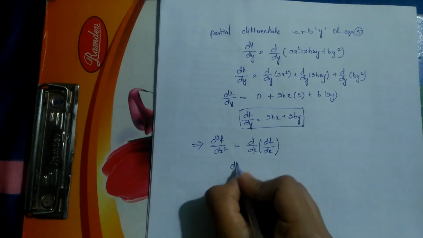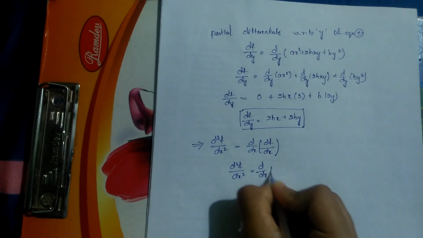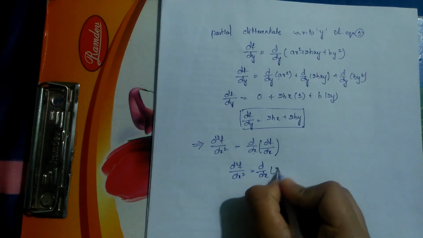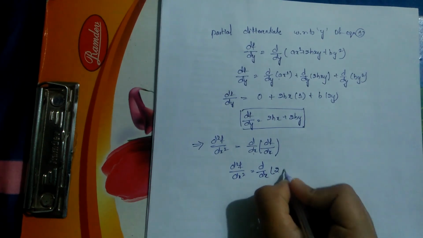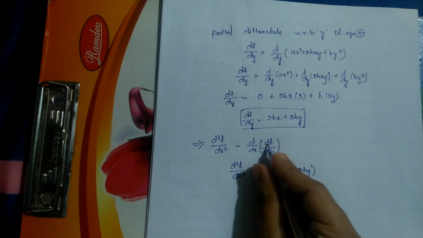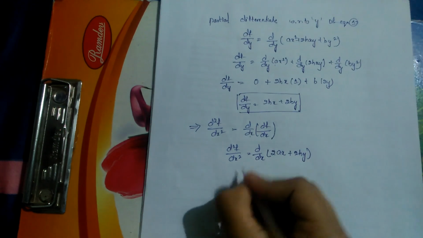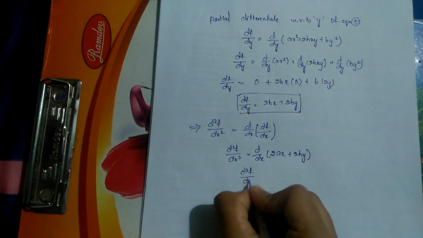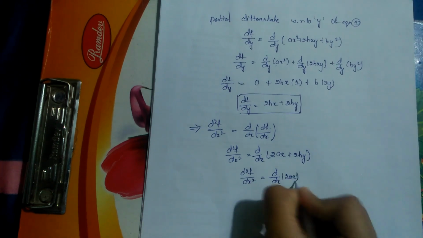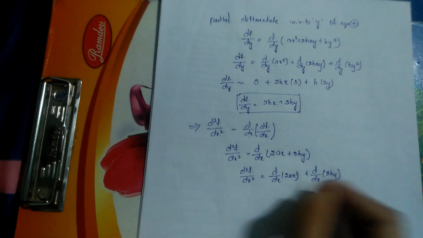So here dou square f by dou x square is equal to dou by dou x of dou f by dou x, which we got as 2ax plus 2hy. So now dou square f by dou x square is equal to dou by dou x of 2ax plus dou by dou x of 2hy.